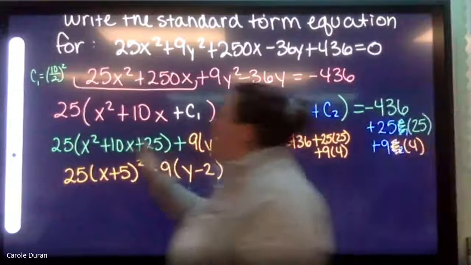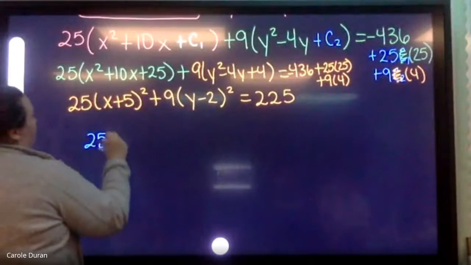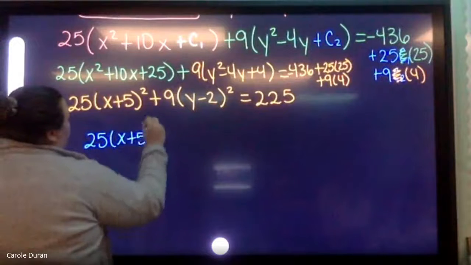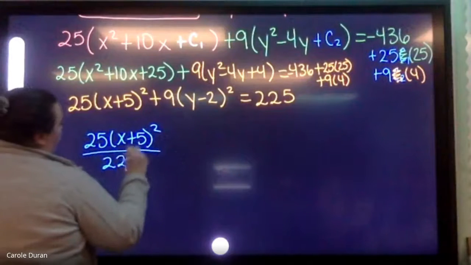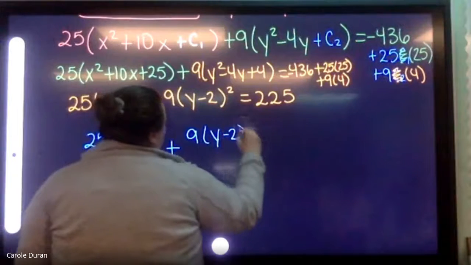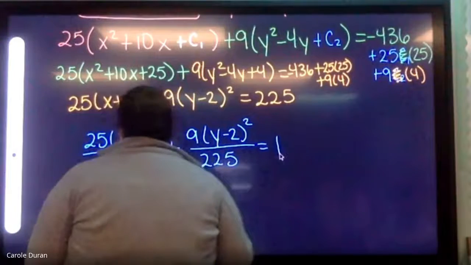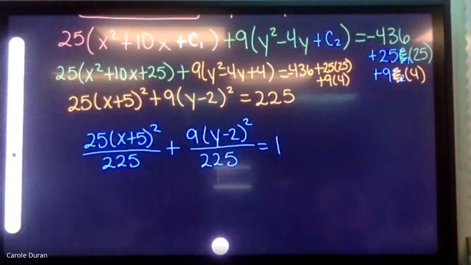So when I divide it out, I'm going to have 25 times x plus 5 squared over 225 plus 9 times y minus 2 squared over 225 equals 225 divided by 225, which equals 1. And then I just get to reduce the numbers on the top and the bottom. And I can use a calculator for that.